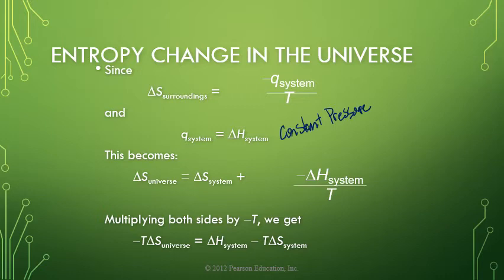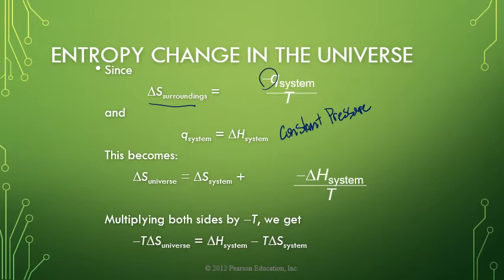And then that becomes delta S of the universe equals delta S of the system plus a negative delta H for the system over T. So again, using the relationship that the delta S for the surroundings would then be equal to the negative delta H for the system divided by the temperature. So now I have everything, both the delta S and the delta H, in terms of the system.